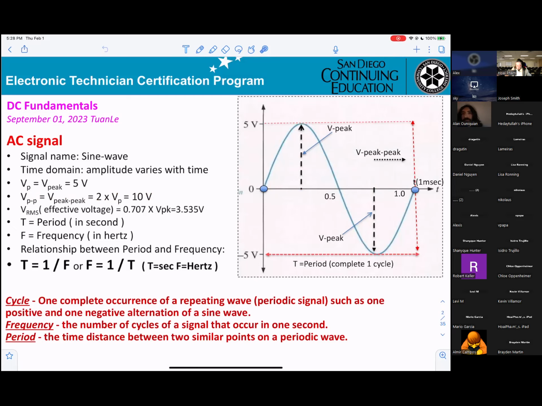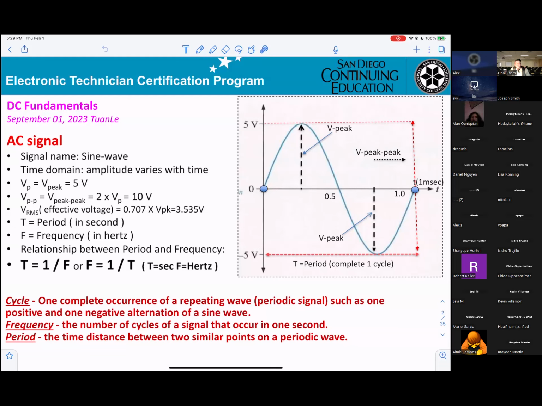Now, normally when you're working on the lab, say on the oscilloscope, you will receive this signal. Okay? However, they deal with the V RMS. What does that mean? Effective voltage. Okay? If you buy any equipment and look at the back, you will see it says 110 volts.